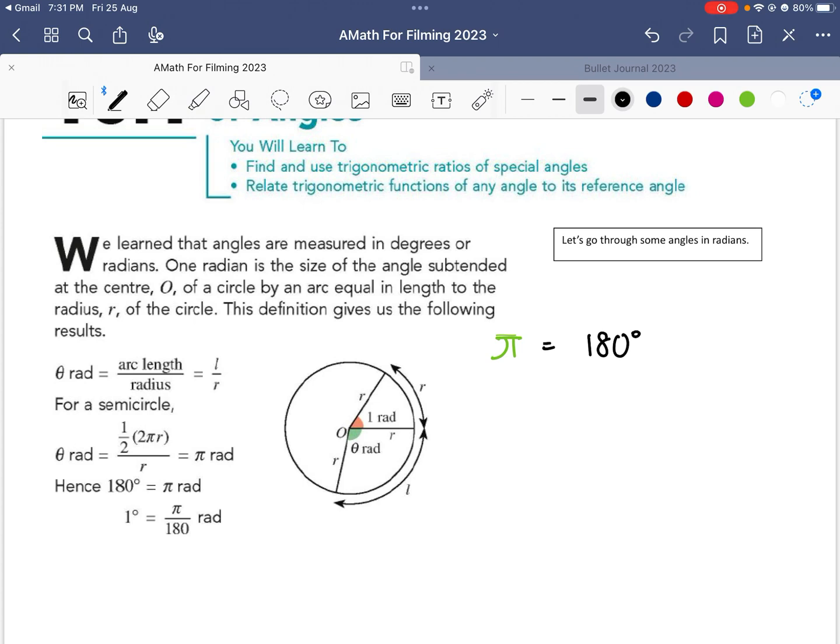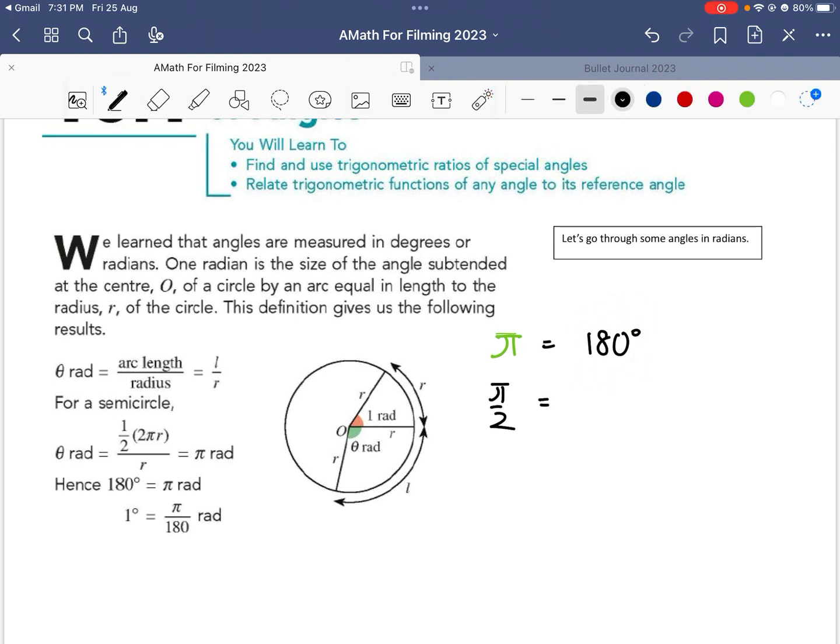So for example, if I want pi over 2, I'm dividing by 2 on this side, so I'll be dividing by 2 on the right hand side, so pi over 2 will give me 90 degrees. Now I'll write down for you here pi over 4, another common one, pi over 3, and yet another common one, 2 pi.